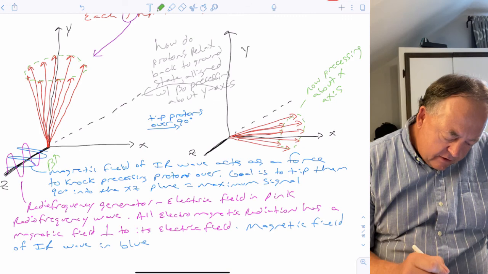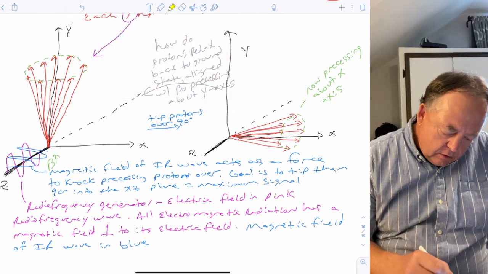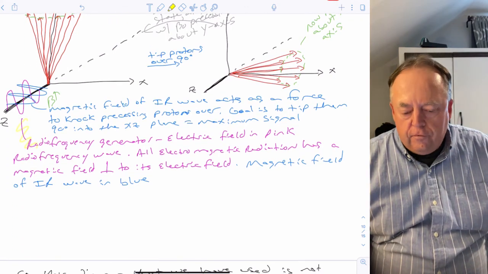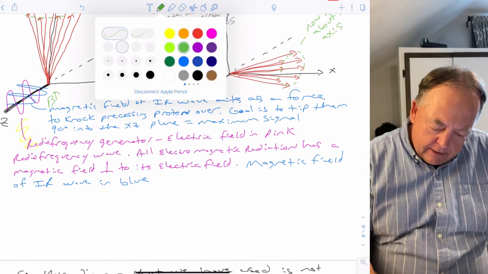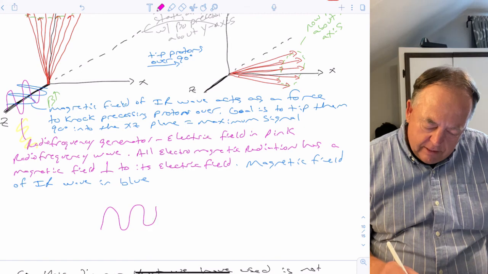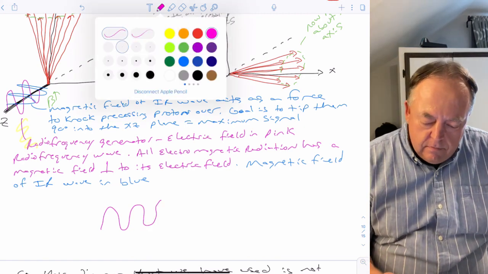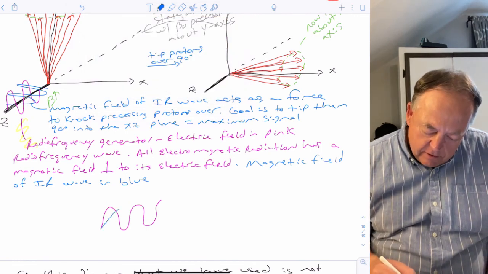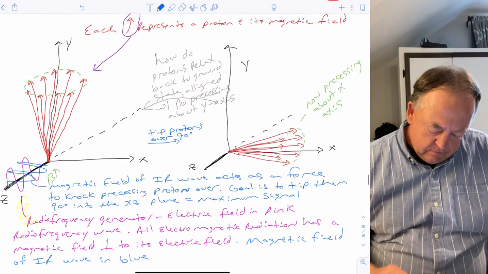Then what we have is radio frequency. We have a radio frequency generator, and radio frequency is a form of electromagnetic radiation, right? If that's its electric field in pink, then all electromagnetic radiation has a magnetic field that's perpendicular to it, which is what's in blue here.